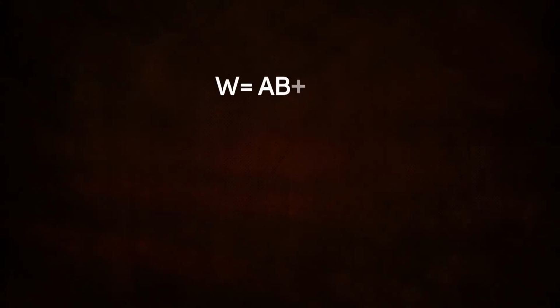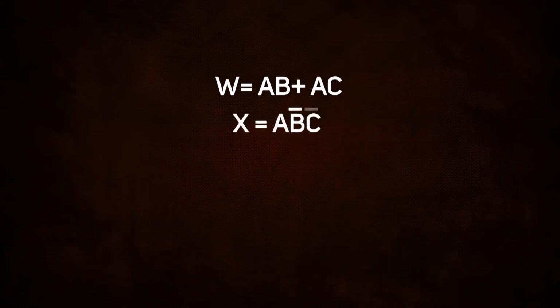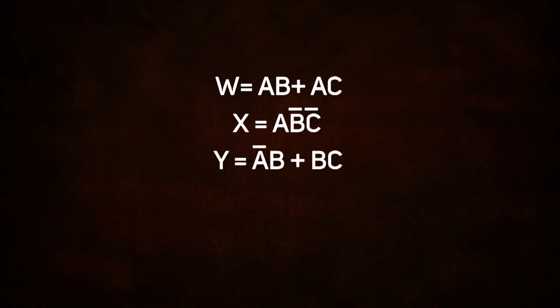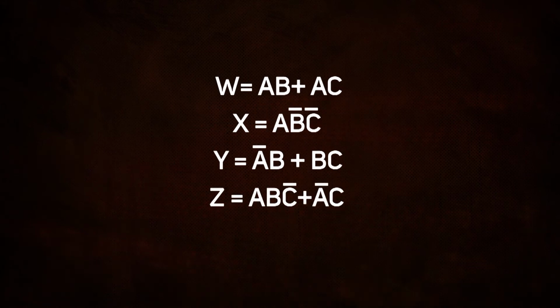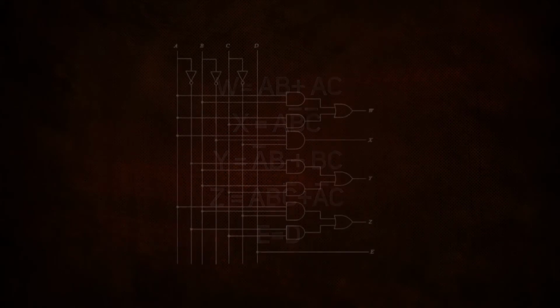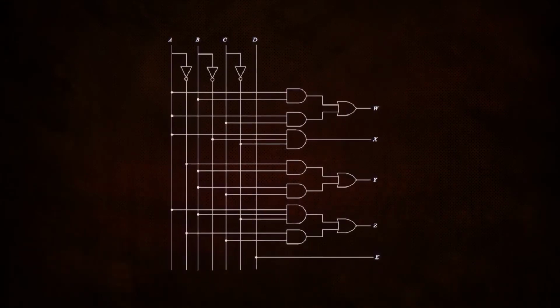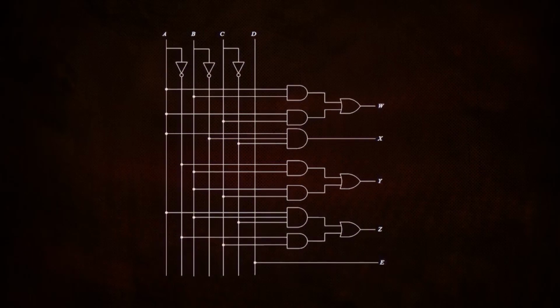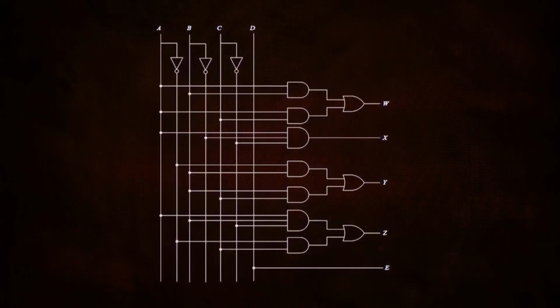Now, we have equations for all the 5 output bits W, X, Y, Z and E. What are they? W equal to AB plus AC, X equal to A B complement C complement, Y equal to A complement B plus BC, Z equal to ABC complement plus A complement C and E equal to D. Now, based on these 5 output bit equations, let us design the logic circuit of the BCD converter.